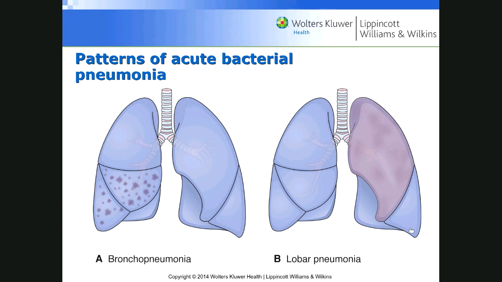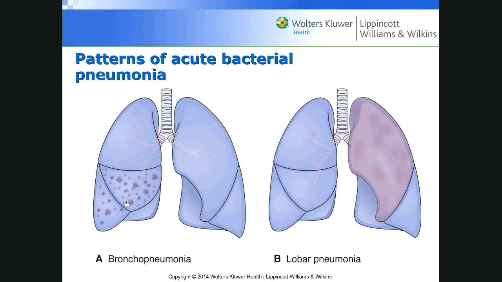What is the question here? So broncho is nosocomial acquired, lobar is community? Yeah, you can, but I wouldn't just go there. In the case of community acquired influenza, the flu, for example, that community acquired infection can develop bronchopneumonia as well.